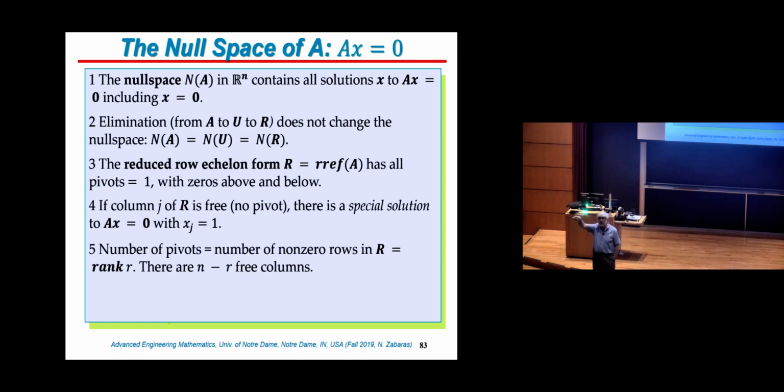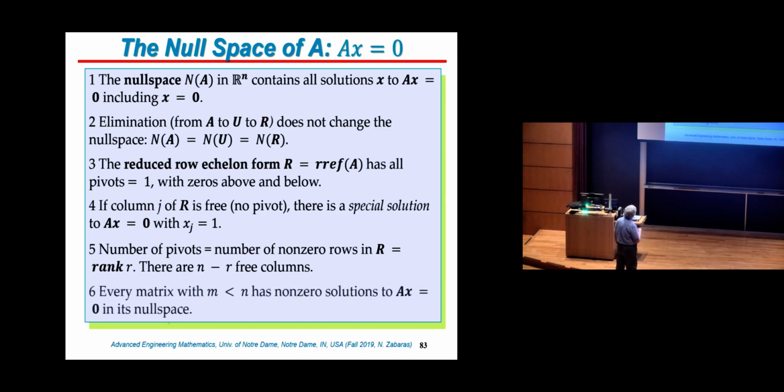So r is the rank, and we said we're going to have these columns that have no pivots in them, that identify the null space. So the dimension of the null space is going to be how much? n minus r. I mean, you can guess it. We will come back to it. The dimension is going to be n minus r.